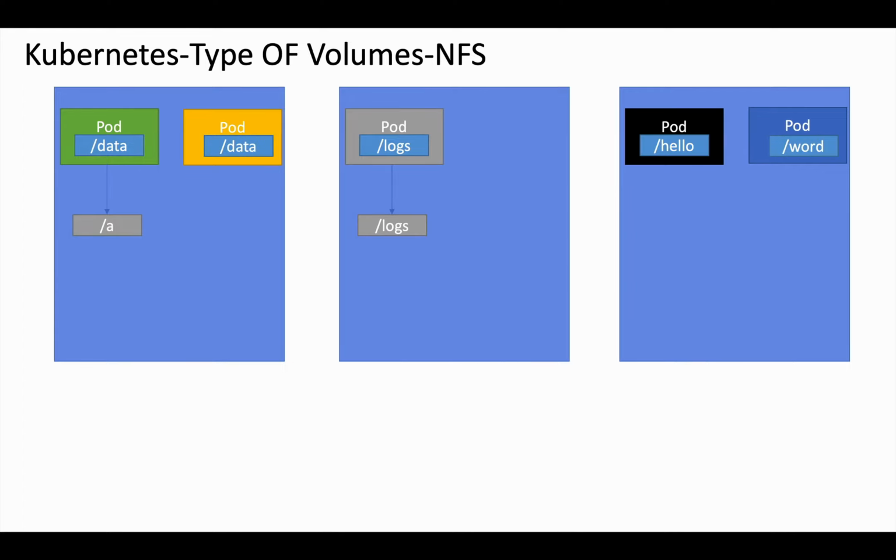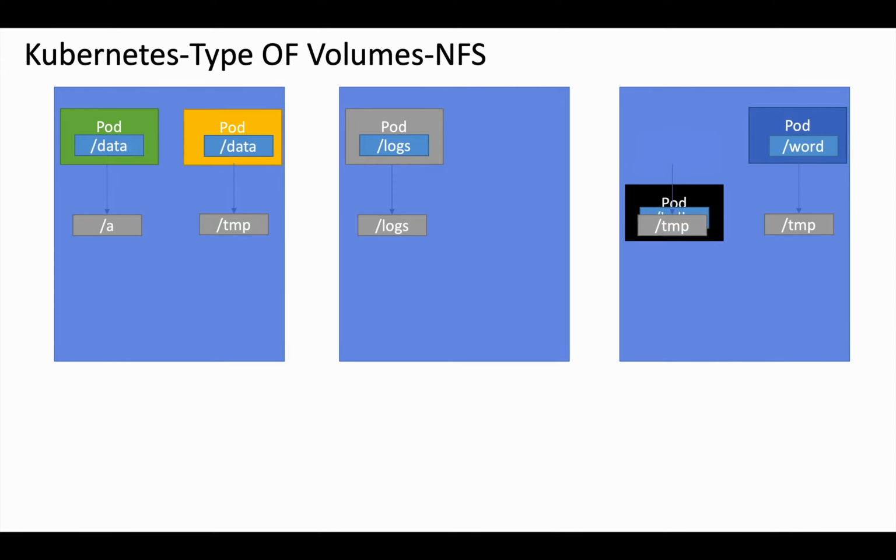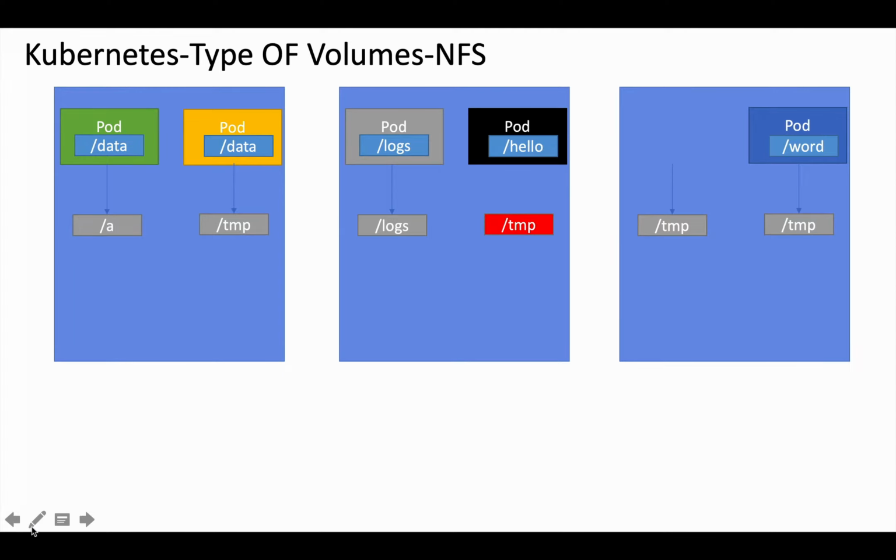So we can see here these pods are using the local files in the host. If the pod fails, Kubernetes will restart the pod in another host, such as this.